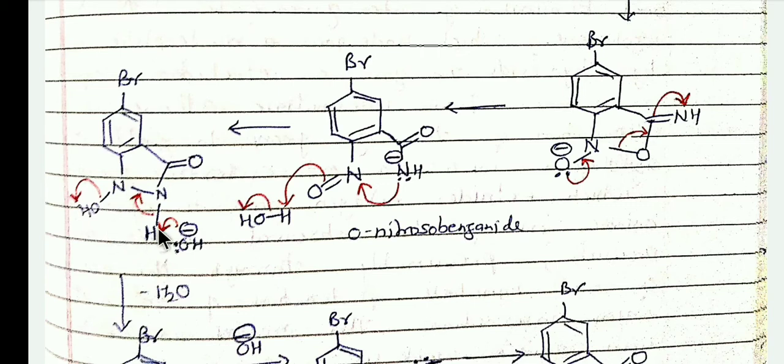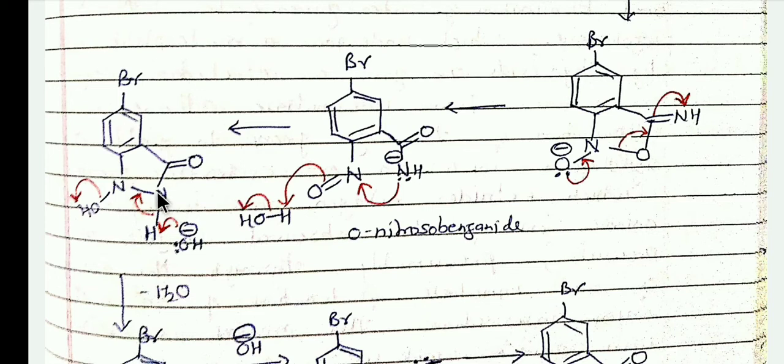Now the OH minus which is removed from this water molecule attacks this NH, abstracts the proton from this NH and forms a water molecule. So the water molecule is eliminated, and the bonding electrons between this nitrogen and hydrogen go to this nitrogen atom.